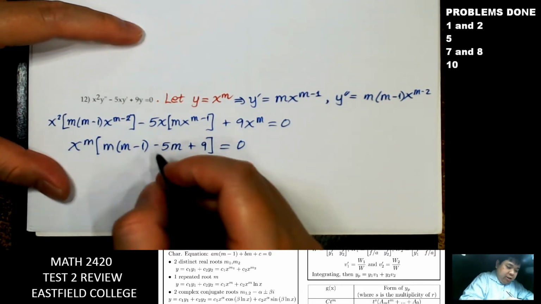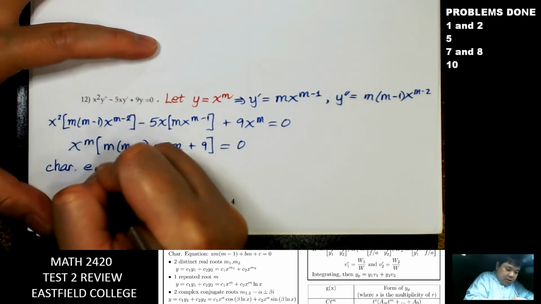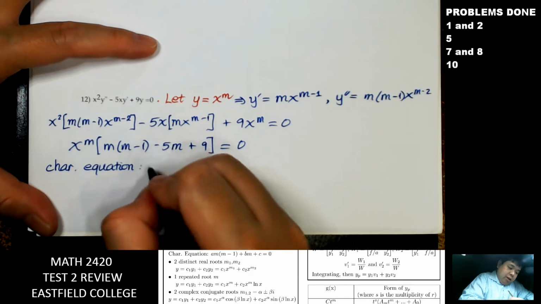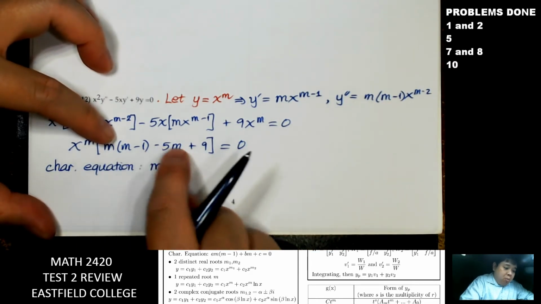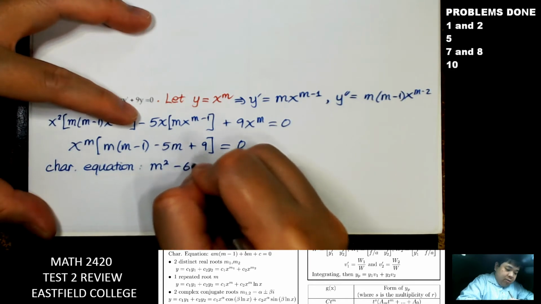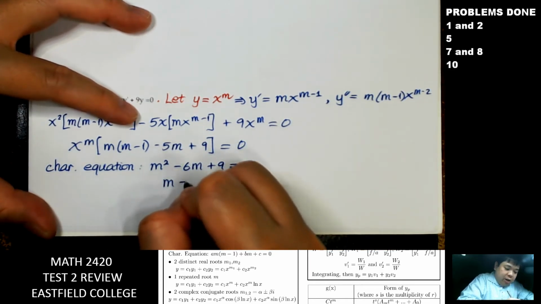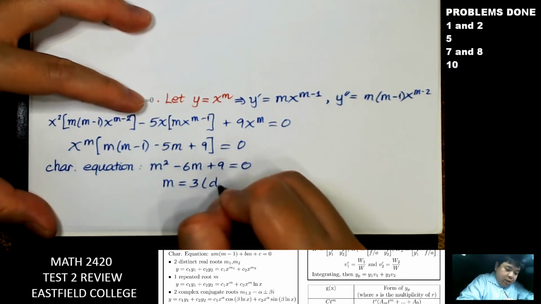So we have the characteristic equation m squared minus m minus 5m, so minus 6m plus 9 equal to 0. And we have m equal to 3. And that is a double root.